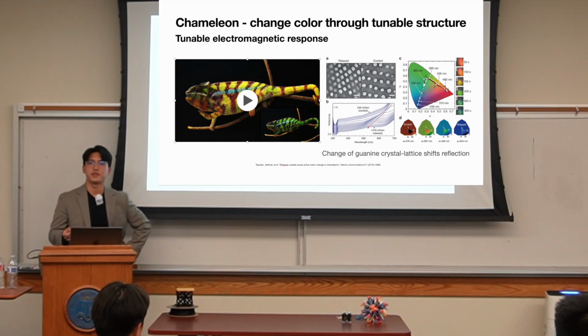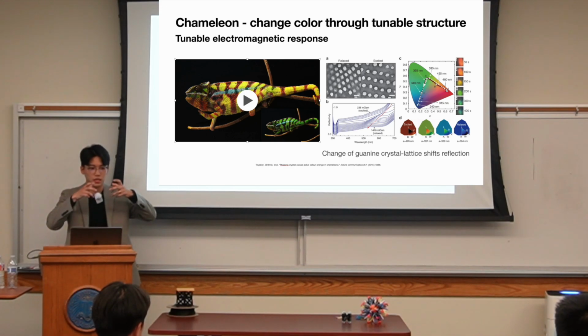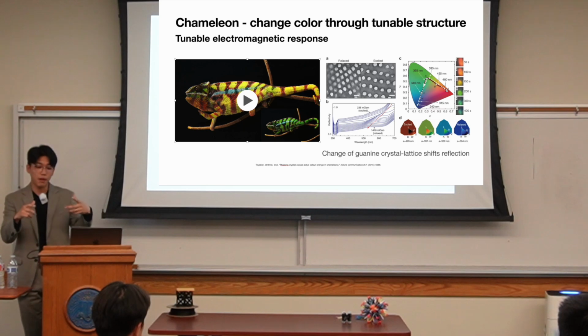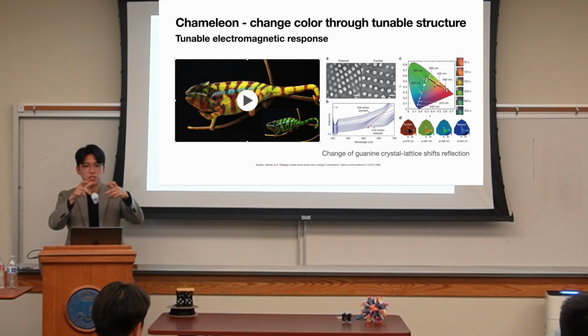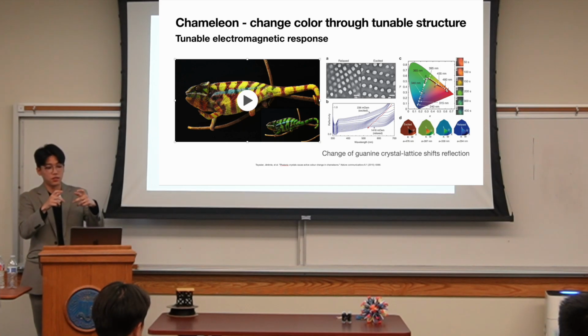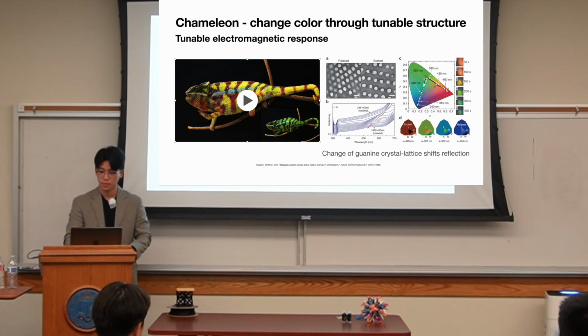And unlike our belief that they might be changing their color by changing the pigment, what they actually do is change the lattice inside their skin structure, only changing the spacing in between. Because this is spaced relative to the visible light range, depending on the arrangement, the reflection or transmission of the visible light actually changes.